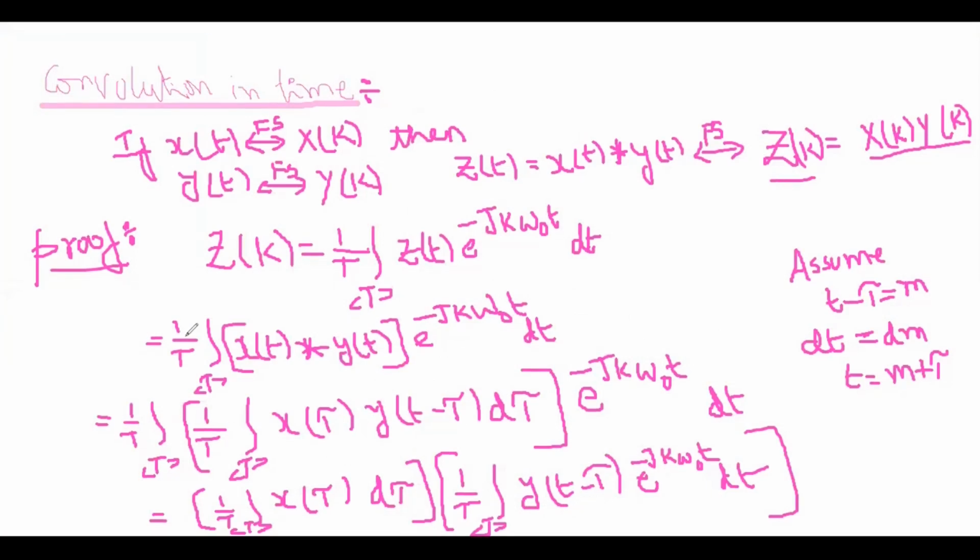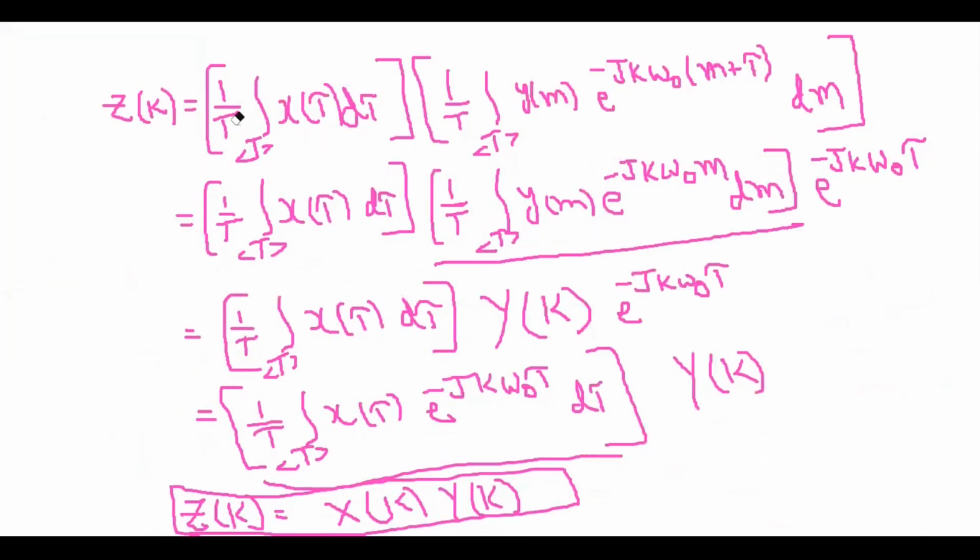There is no 1 by T in the convolution, so remove that 1 by T. On the second page also, remove that 1 by T here. So this function is y of k, and here there is no 1 by T.